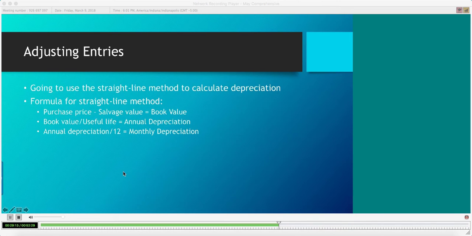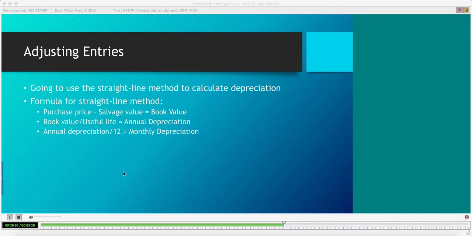Okay. Adjusting entries. Everyone's favorite part of any accounting homework, I know. We use the straight line method. If you take accounting 2, you will definitely go into the 2 other methods the book goes through. But for the purpose of this class, we're going to stick with the easiest and most straightforward approach. So we have our purchase price. Say we purchase a house for $100,000.